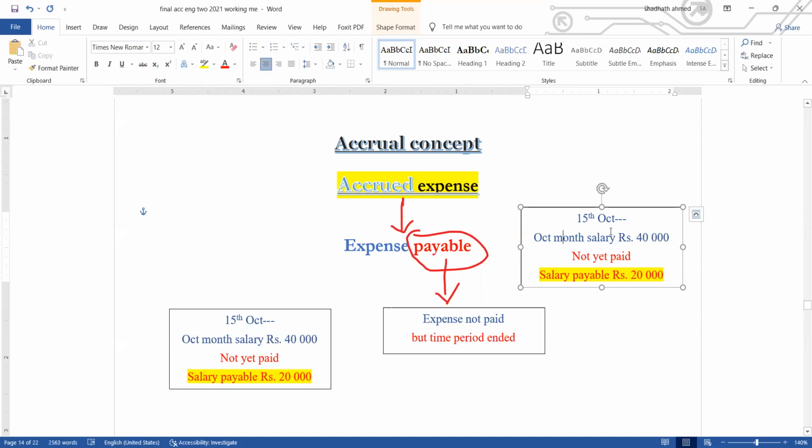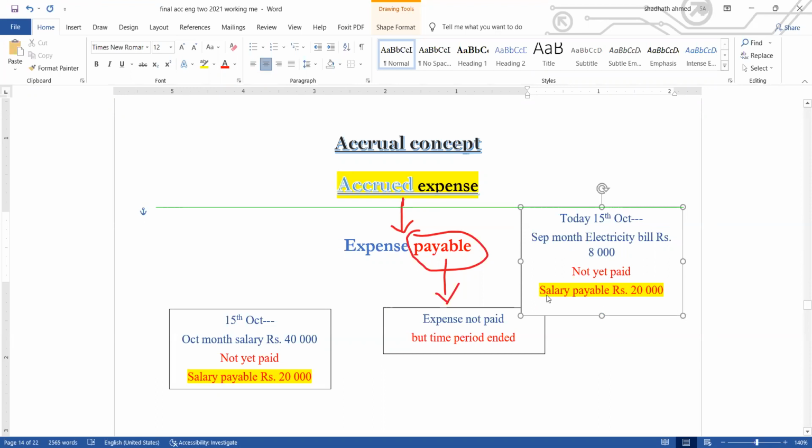Today is 15th of October. September month electricity bill, rupees 8,000, not yet paid.